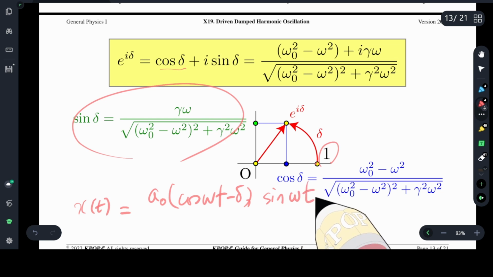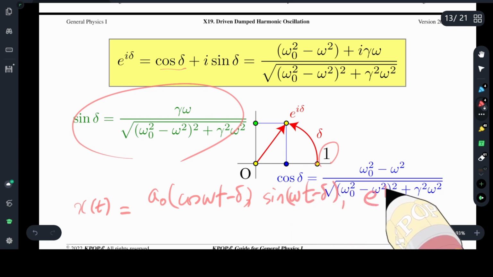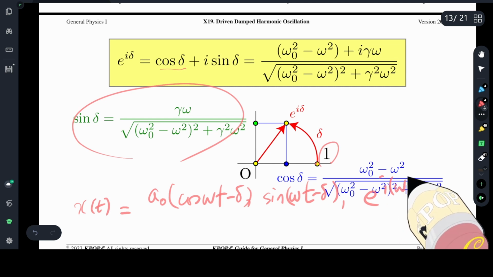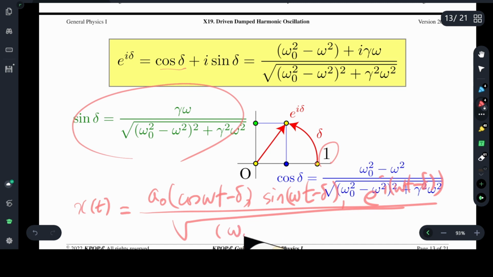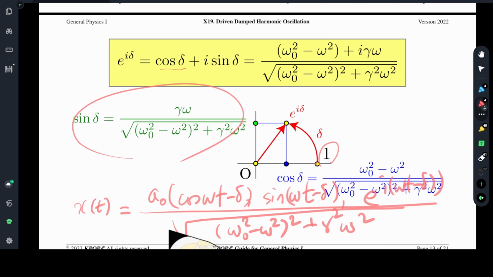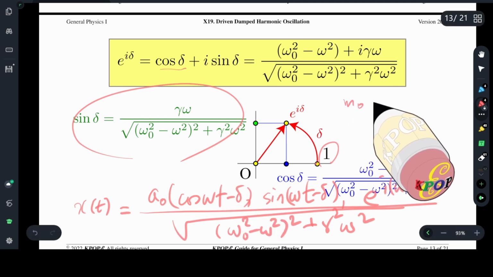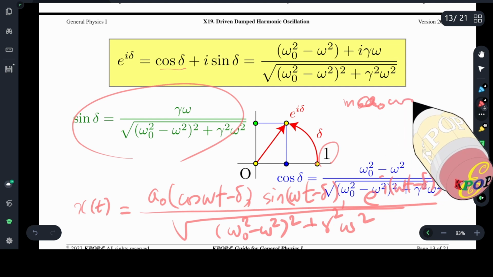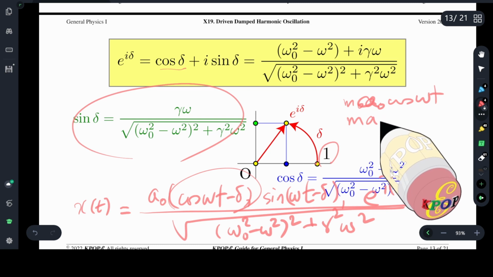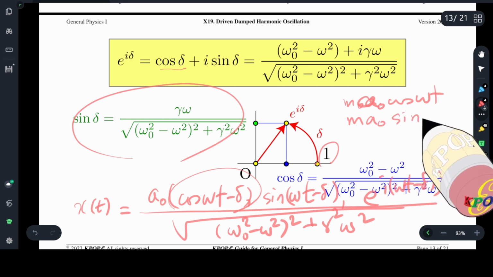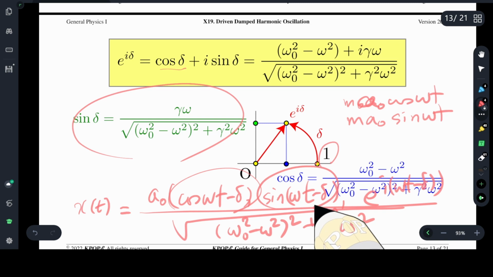Or e to the i omega t minus delta, divided by the square root of omega 0 squared minus omega squared, squared, plus gamma squared omega squared. If the input is m a0 cosine omega t, the answer is this. If the input driving force is sine omega t, then the answer is this.